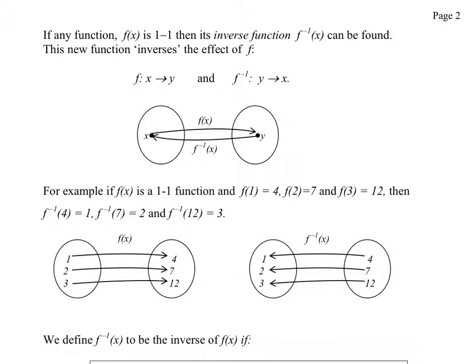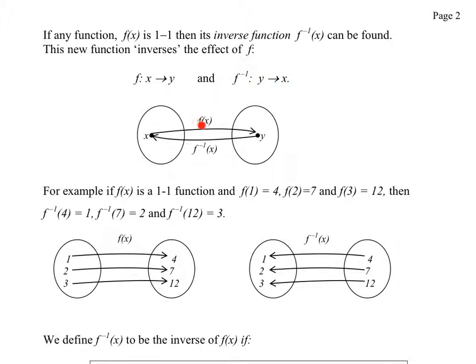Now, if you have a one-to-one function, then it's possible to find something called the inverse function, which is denoted by f to the minus 1 of x. It does the reverse, it inverses the effect of f. So if f takes x to y, then the inverse will take y back to x.